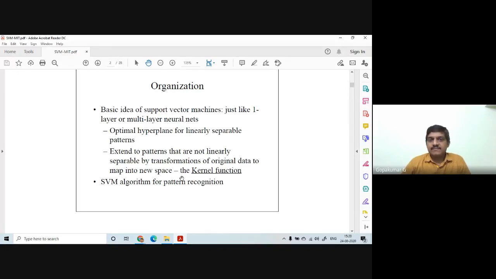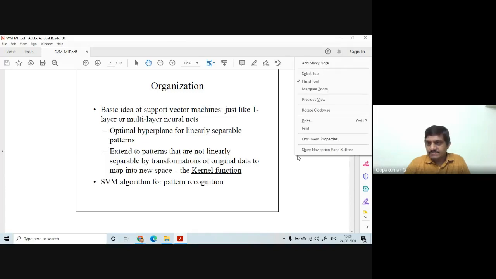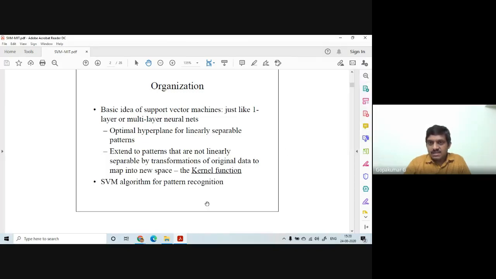Okay, so the optimal hyperplane for linearly separable patterns, and then extend it to patterns that are not linearly separable, by transforming the data into a new space. That means SVM tries to map the set of points in the current space to a higher dimensional space, where you can find a linear decision boundary.